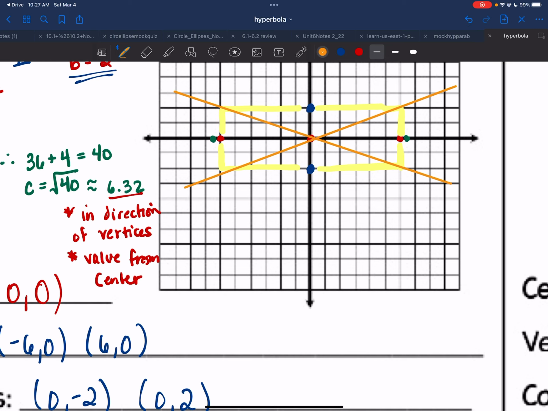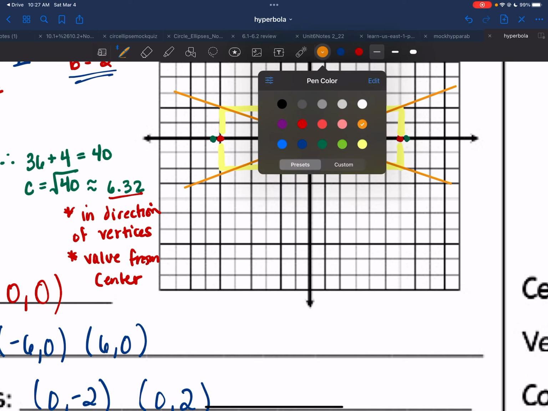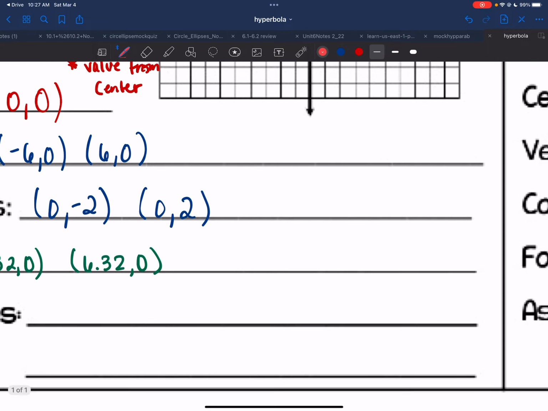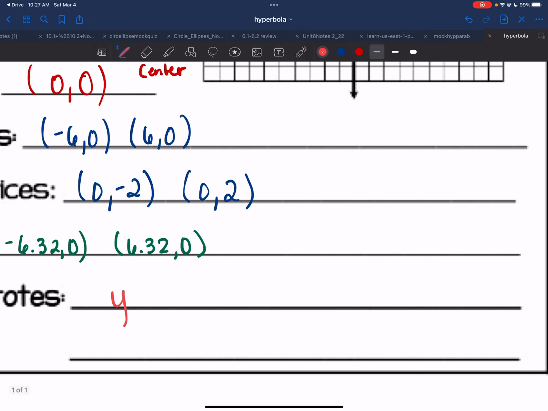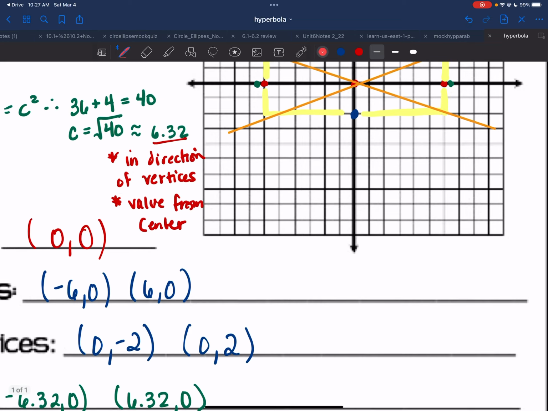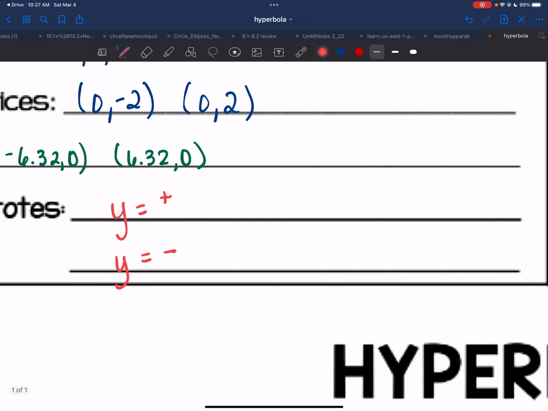And so we want to go ahead and make sure that we're able to write out what those asymptotes are. So it's going to be y equals, and let's do the plus one first, and then we'll do y equals the minus one. So b over a, so that's going to be 2 over 6 times x minus 0 plus 0, because that's my h and k.